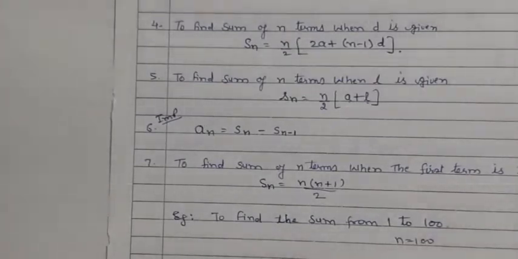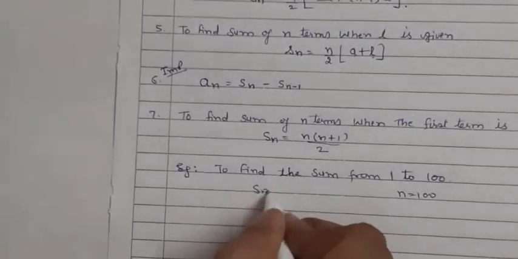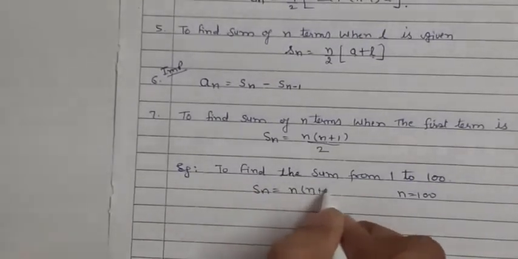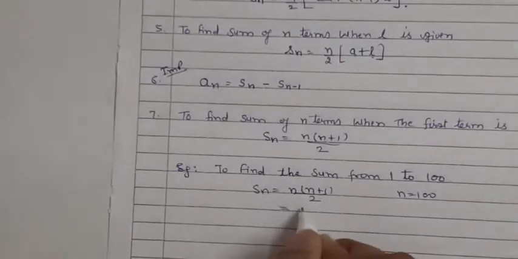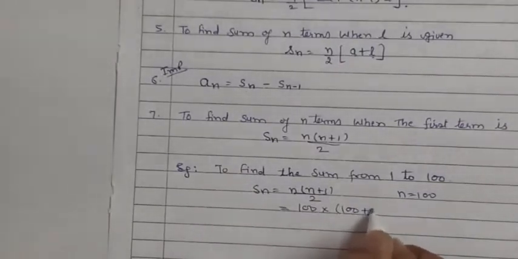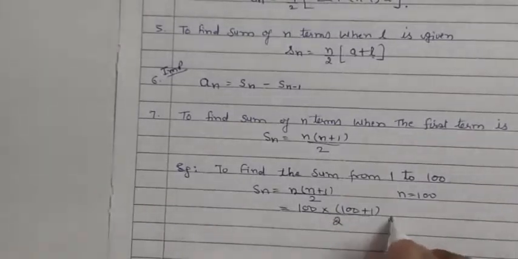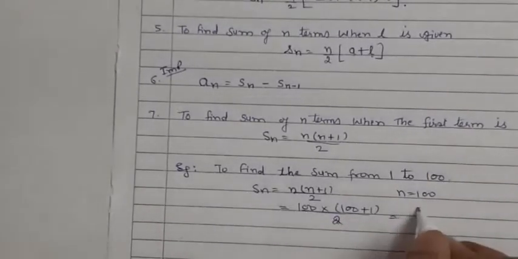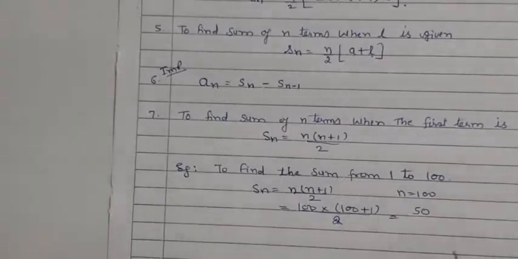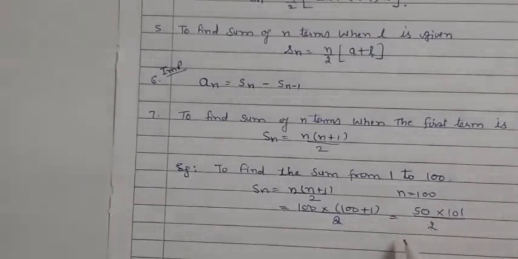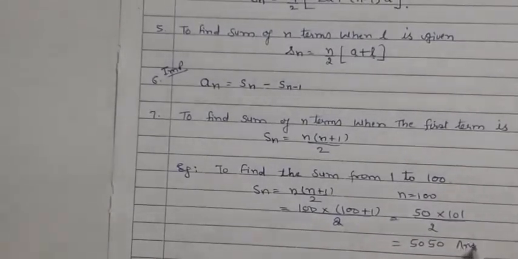And what will be the formula? The formula will be this only. Sn is equal to n into n plus 1 upon 2. n is 100, so 100 into 100 plus 1 upon 2. 100 upon 2 is your 50, into 101. Then what will be the answer? 5050. This is your answer.